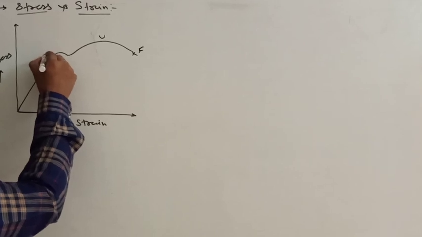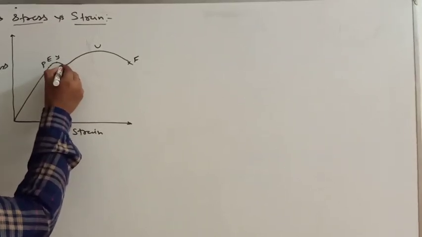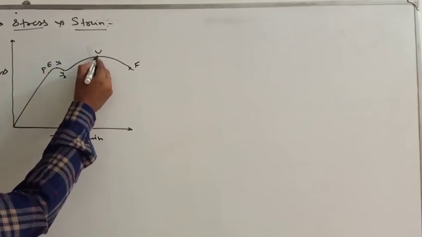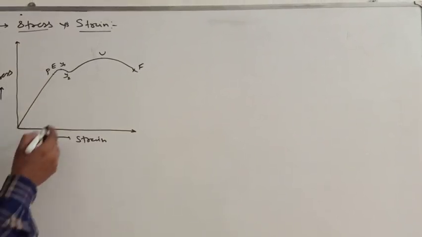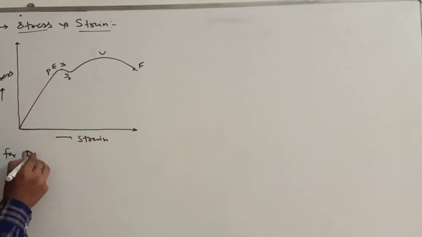This point is the proportional limit, this point is the elastic point, this point is the yield point, maximum or minimum yield point, this point is the ultimate point, and this point is the fracture point.